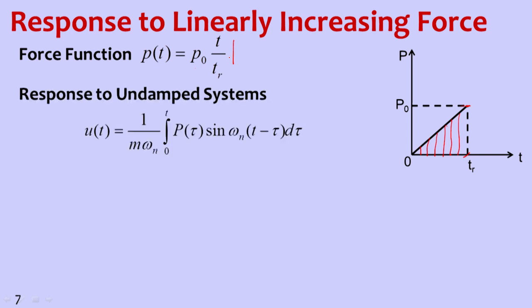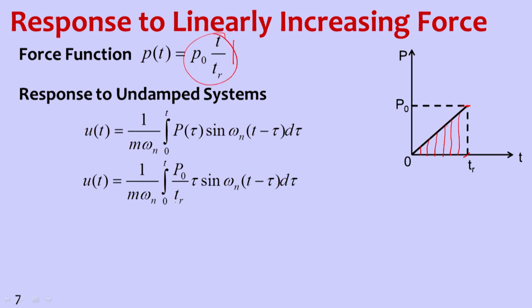Response of undamped systems is 1 by m omega n integral p tau sin omega n (t minus tau) d tau. Substituting the force value, P naught by Tr times tau, sin omega n (t minus tau) d tau.